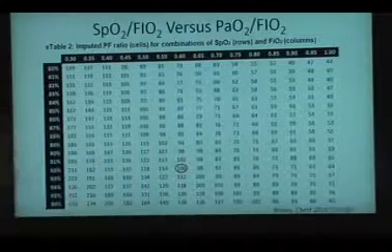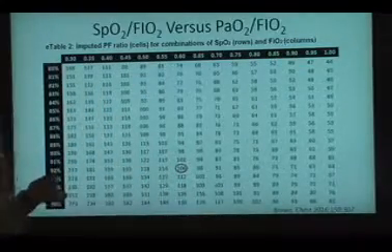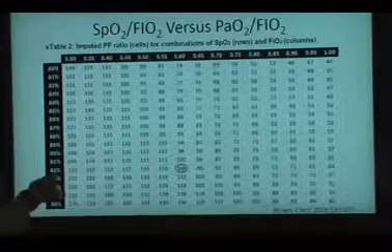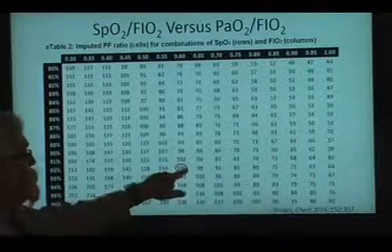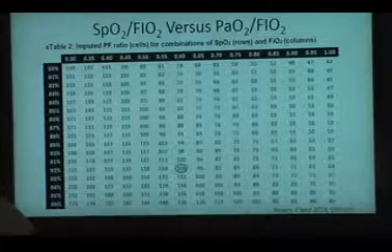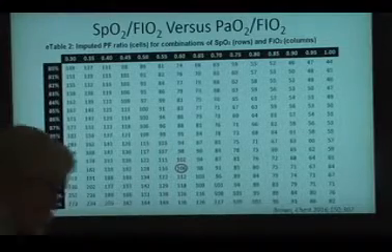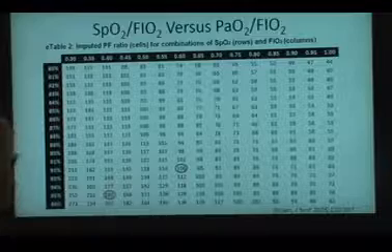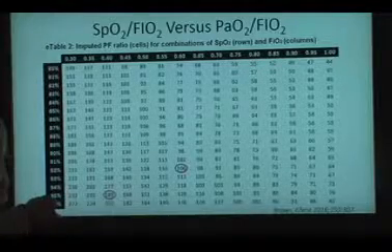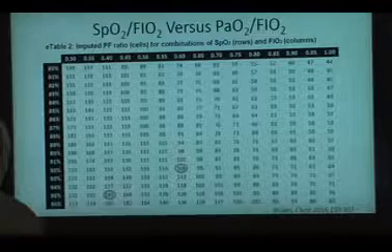So, for example, if your patient is on 60% oxygen and their pulse oximeter saturation is 92%, that would be a PO2 to FiO2 ratio of 106, meaning the patient has moderately severe ARDS.